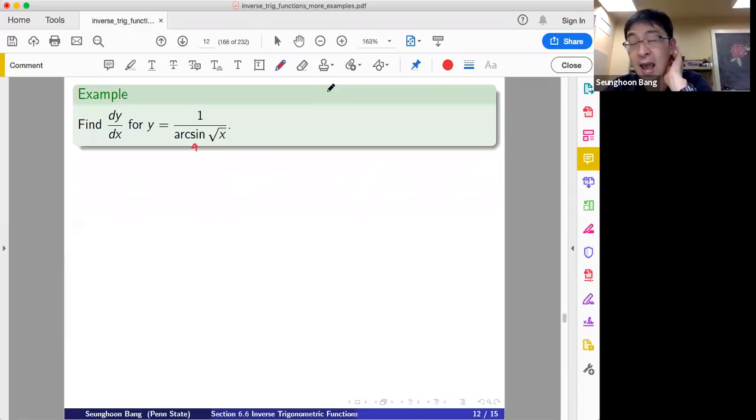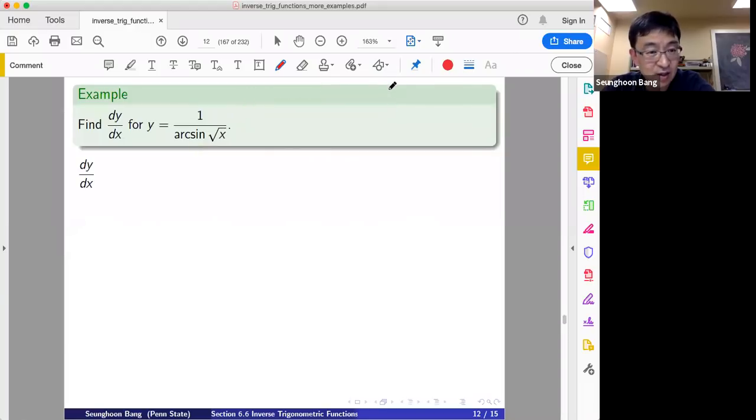What's the domain? X is between 0 and 1. Don't include 0, because plugging 0 in gives undefined. 0 to 1 is the domain of this question. Yeah, the domain of the second. It's good.